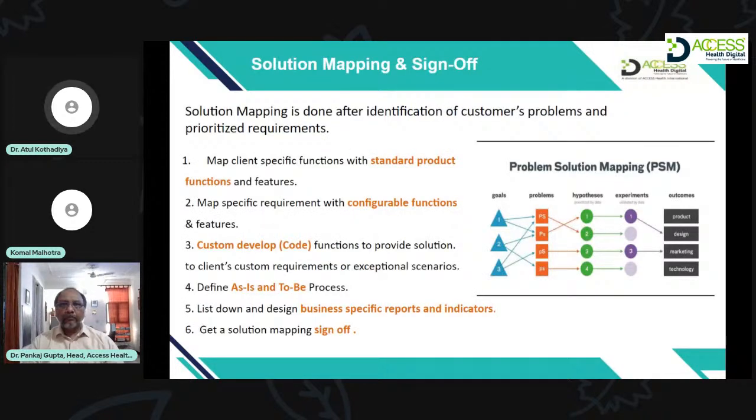Now, solution mapping. We saw that in the first slide itself. However, I would like to highlight one of the points: defining as-is and to-be processes. This is a very important stage in solution mapping. For the software you have selected, you define the existing process versus what is going to be changed in the new process.